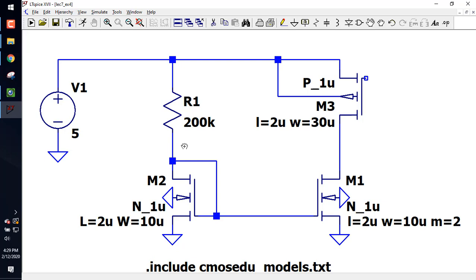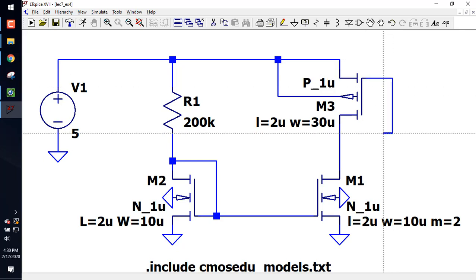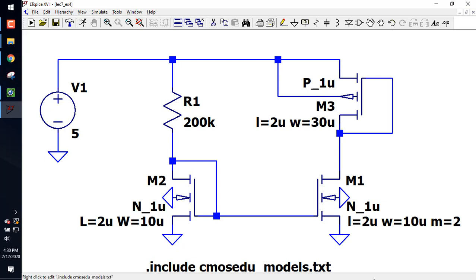All right, looking good? And I'm going to go grab the gate, and I'm going to generate a VGS here. So what I'm going to do is I'm treating this as a current source. It's going to pull a current through here. That current's going to be mirrored in a transistor. I'm about to make a PMOS current mirror.